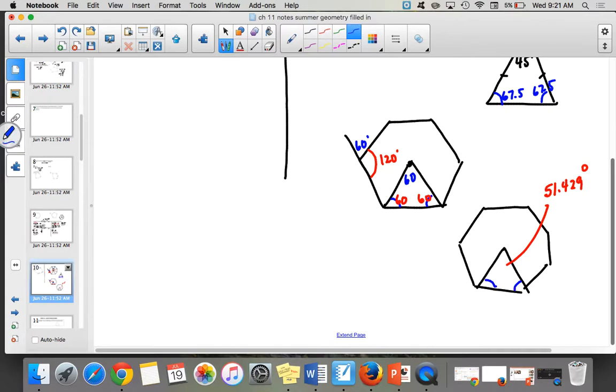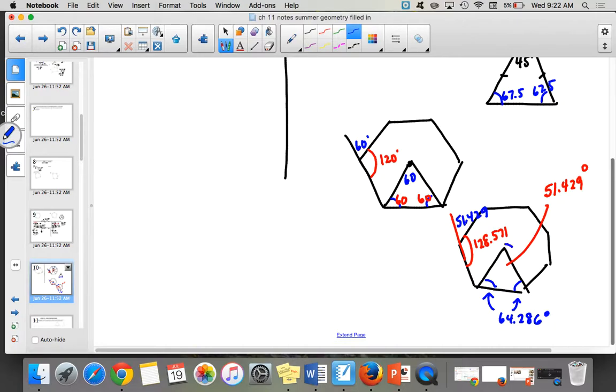And divide by 2, I get both these angles, 64.286 for each of those. So if I multiply by 2, that's how I get the interior angle. That's back to that 128 number, 128.571. So if I subtract from 180, the magical number I get is 51.429.